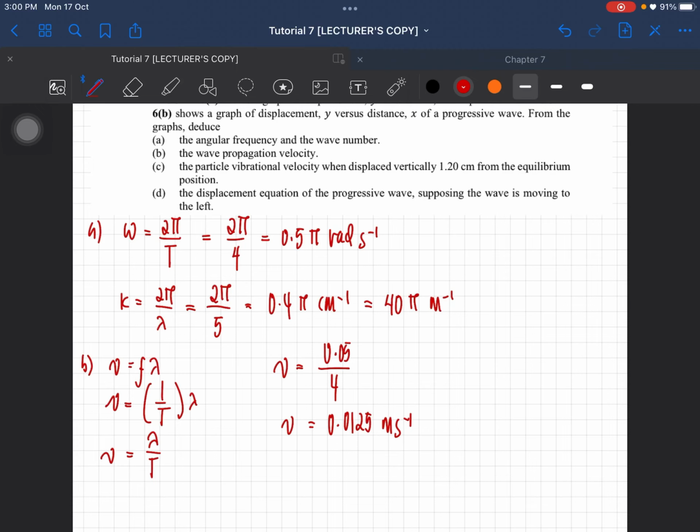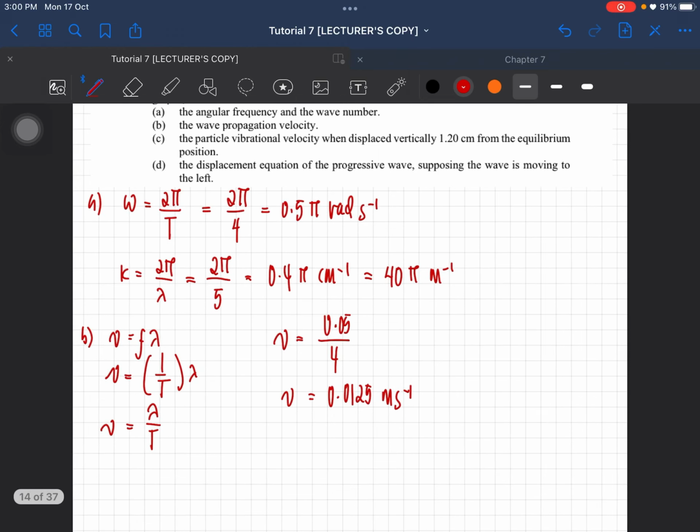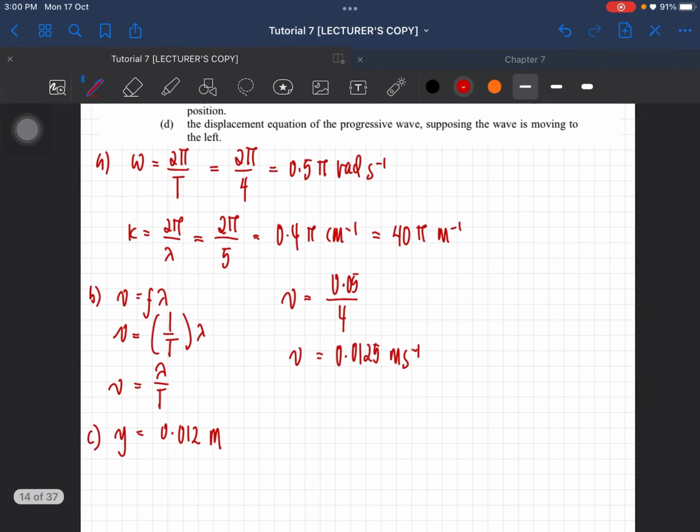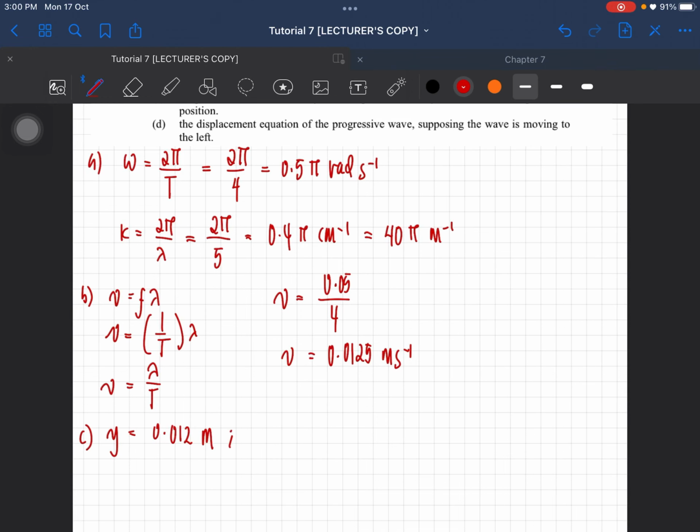Question C. The particle vibrational velocity when displaced vertically 1.2 cm from the equilibrium position. Now they give us the value of y, which is 1.2 cm, so that is 0.012 meter.